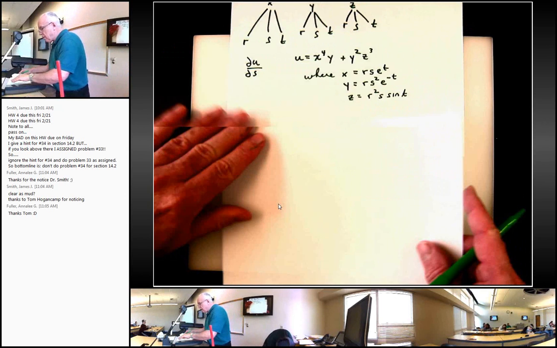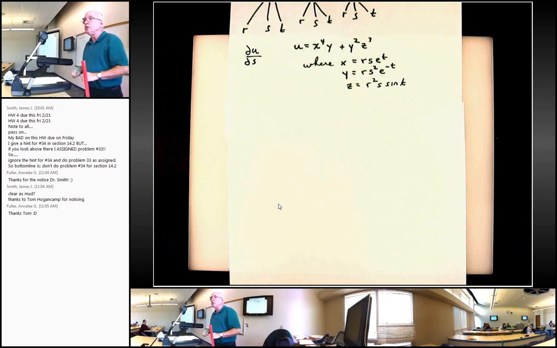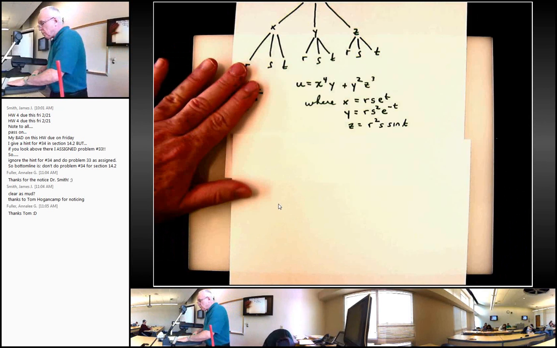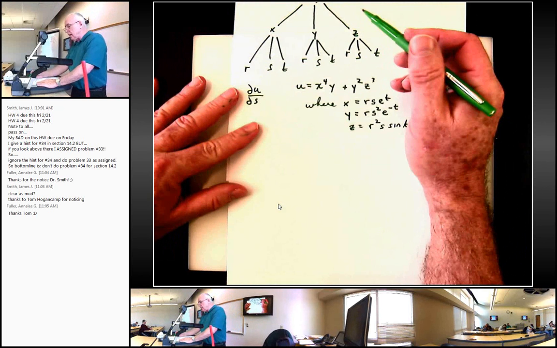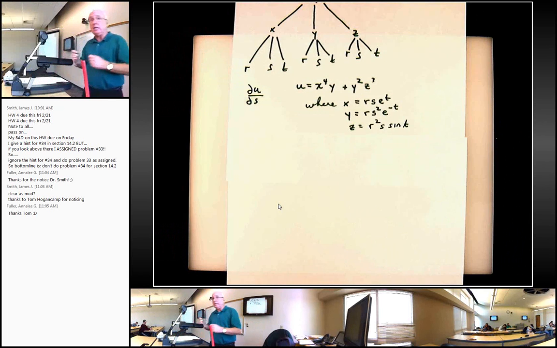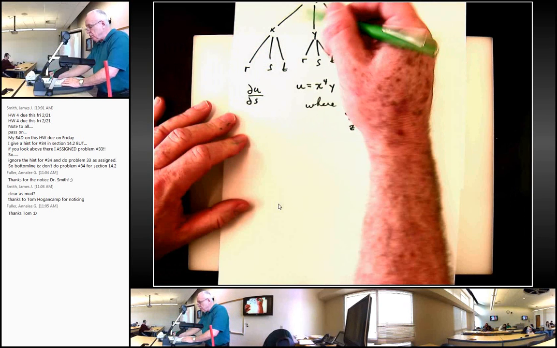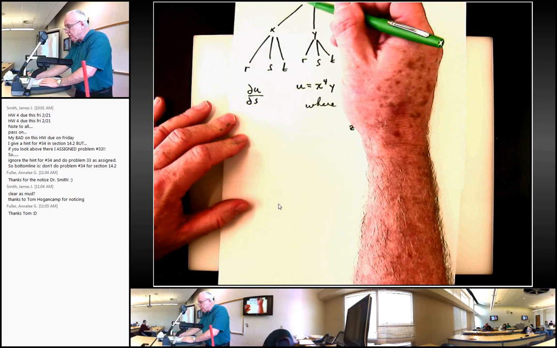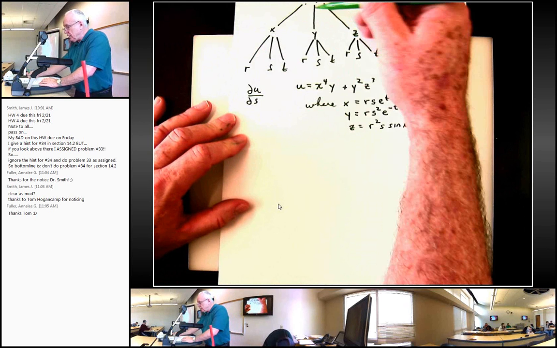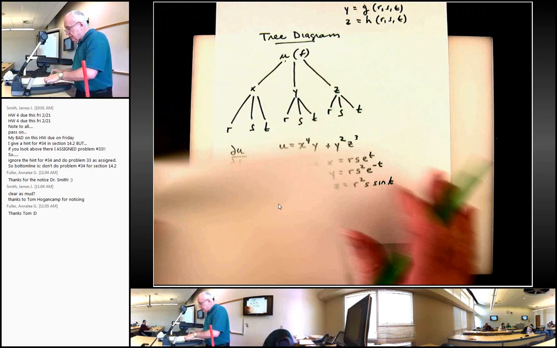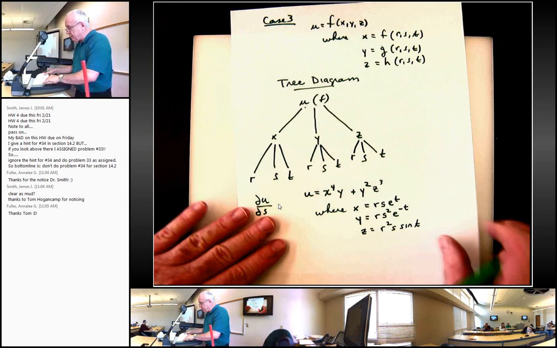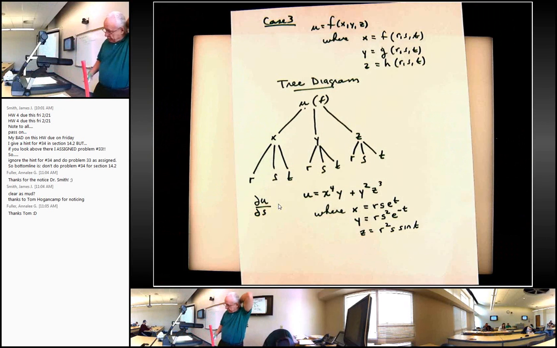Well, okay, and we're asked to find delta U, delta S. So what this means is we draw the tree diagram. It keeps us from forgetting a branch to follow. So we're going to follow all the branches from U to S. In fact, what I need to do up here is put down what these branches represent.